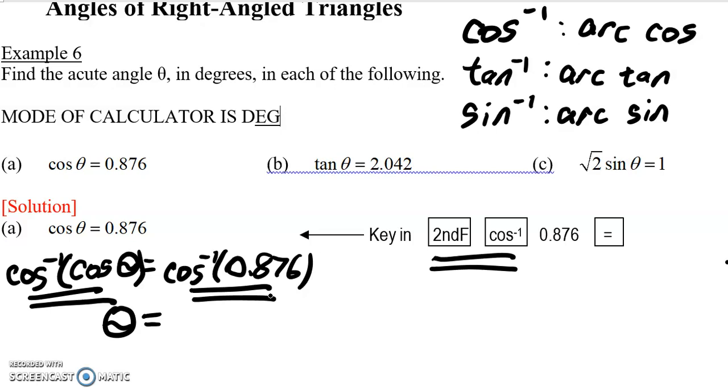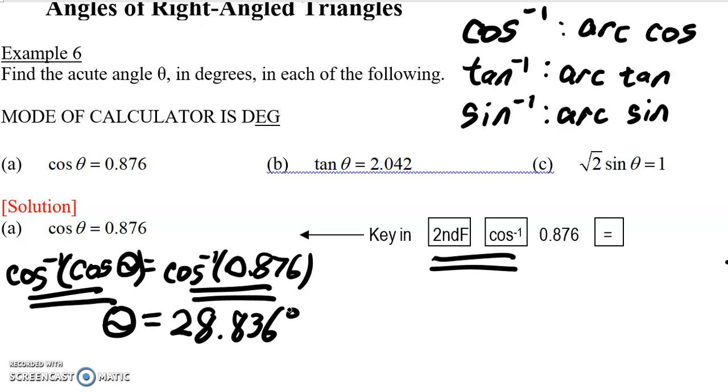From here you should get a number that is relatively long, 28.836 degrees when I truncate this in 5SF. Now this is the angle that we are trying to find.